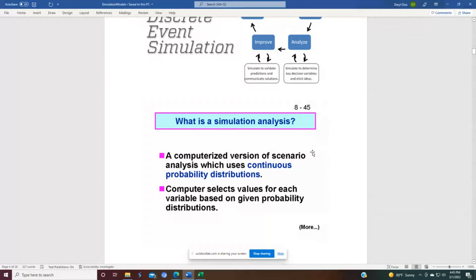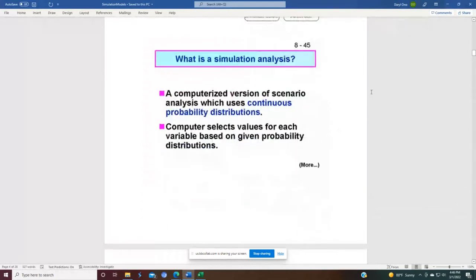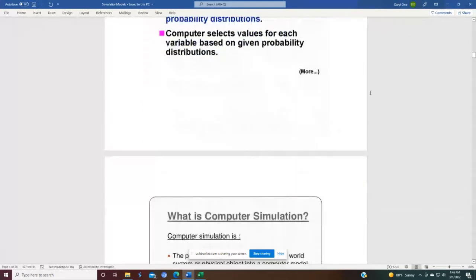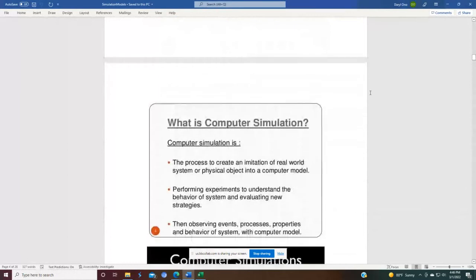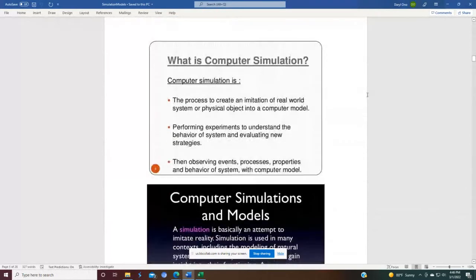It can be any number up to 20 decimal points within that range. That's continuous. That's a continuous one. So we'll let the computer go out there and select the value for our random numbers that we want to input into the simulation.